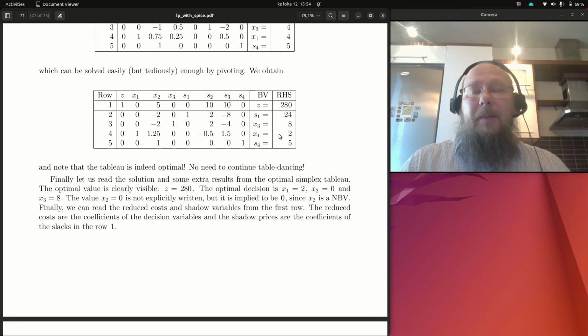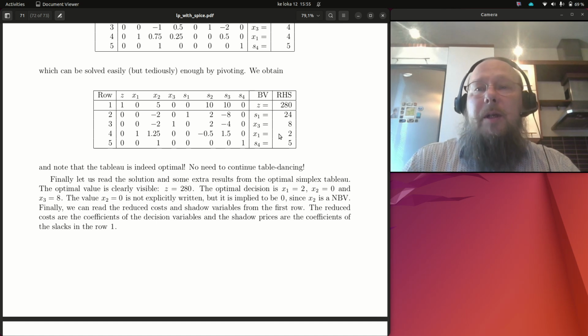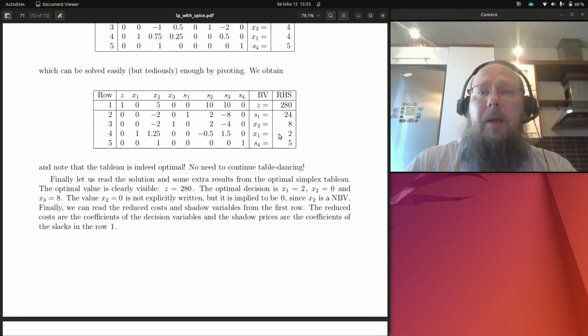Now you might be, if you remember that we considered sensitivity analysis also, and there were these shadow prices and reduced costs. And the simplex algorithm gives those for free.